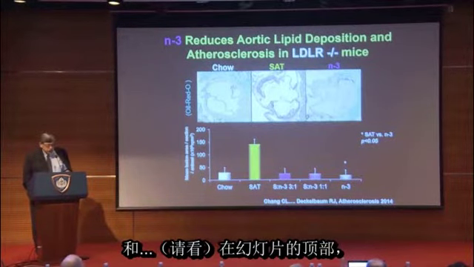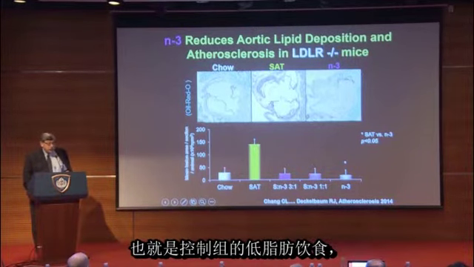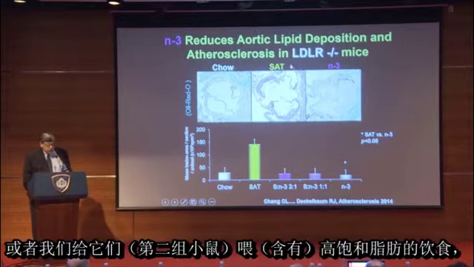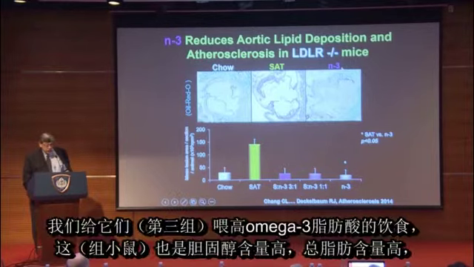And on the top part of the slide, we feed them the chow diet, which is the control low-fat diet, or we feed them the high saturated fat diet, which is high in total fat, 42%, and in cholesterol. And we feed them a high-fat omega-3 diet, which is also high in cholesterol and high in total fat.